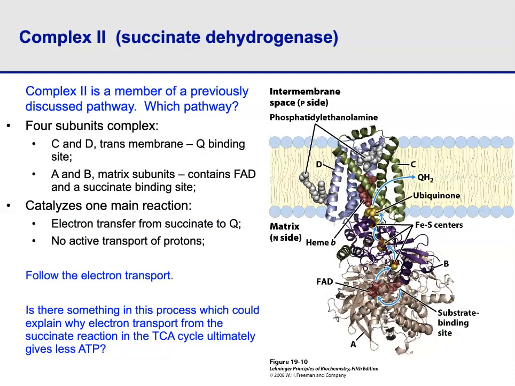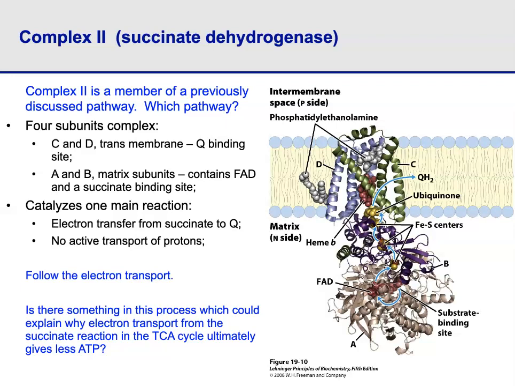All right, complex 2, succinate dehydrogenase. The name should be familiar to you, because this enzyme has been previously discussed. And if you think carefully, you would realize that this was the same enzyme that is part of the TCA cycle.